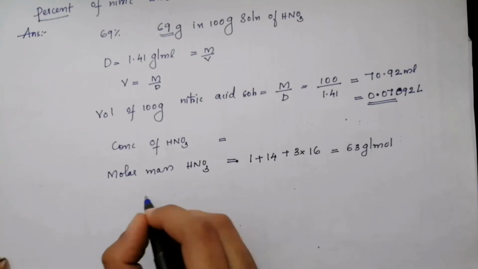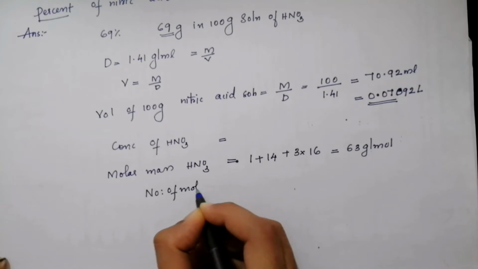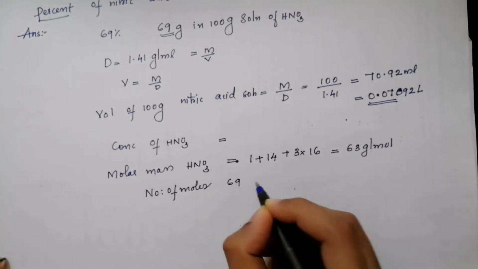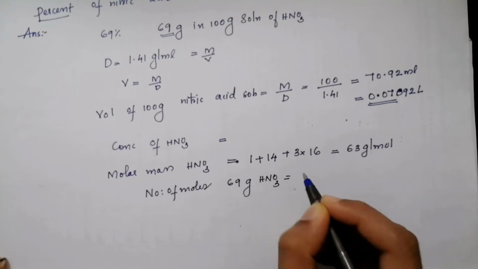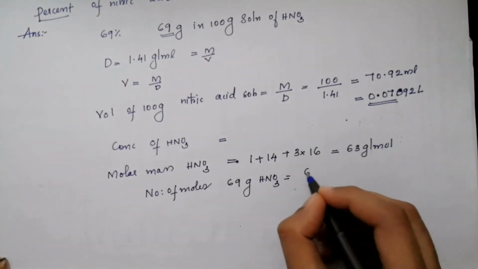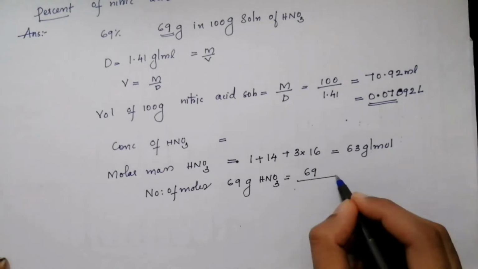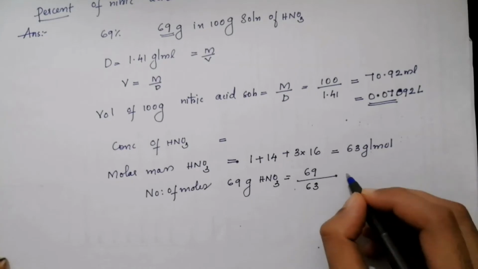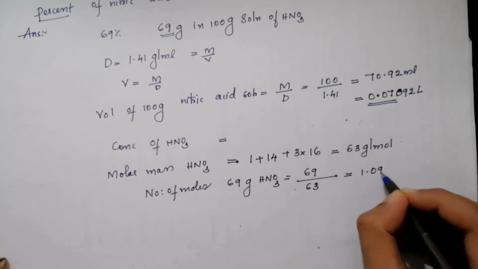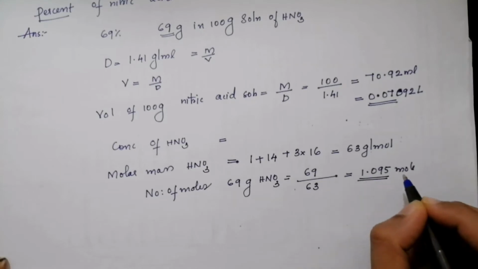With this information, we can calculate the moles of 69 gram HNO3. That is, the given mass of nitric acid is 69, which we have obtained from the mass percentage concept, divided by the molar mass, that is 63, which gives us 1.095 mole. So, this is the number of moles.